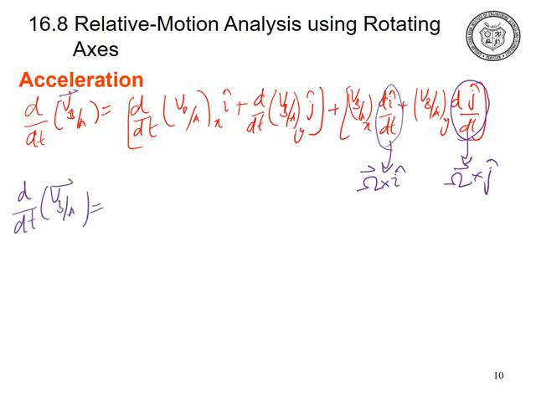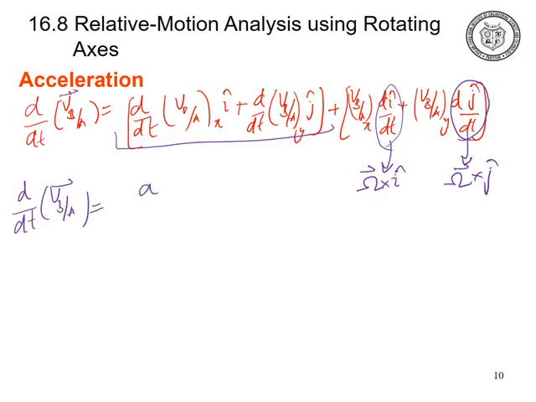now what is this equation? This is the time derivative of the x component of velocity, and similarly the time derivative of the y component of velocity. So this is the x component of acceleration and y component of acceleration.